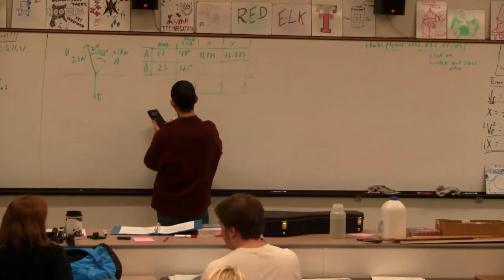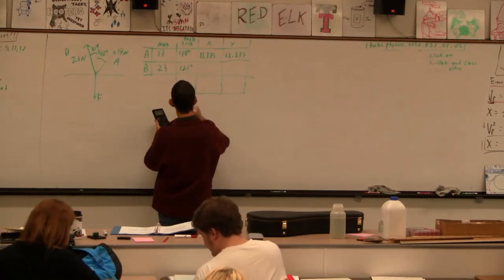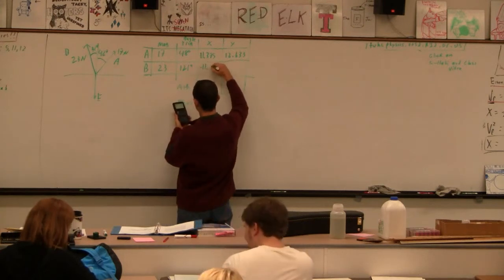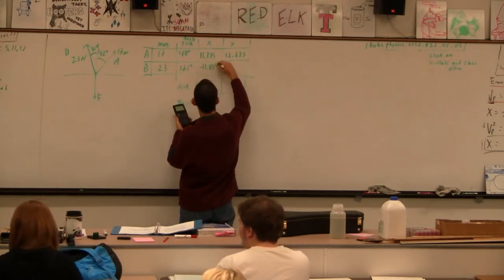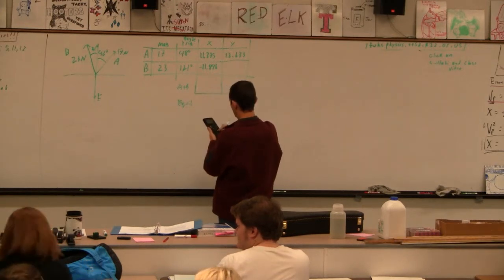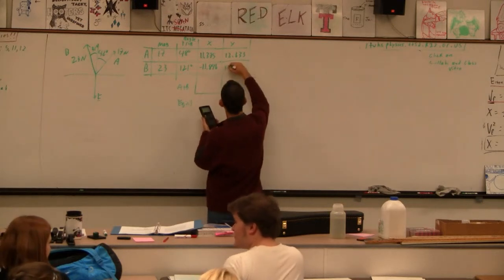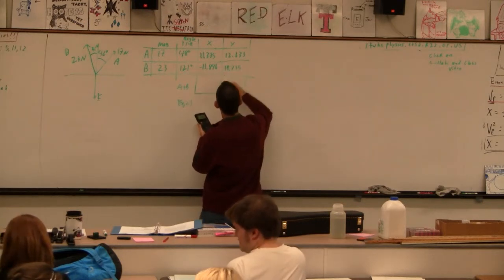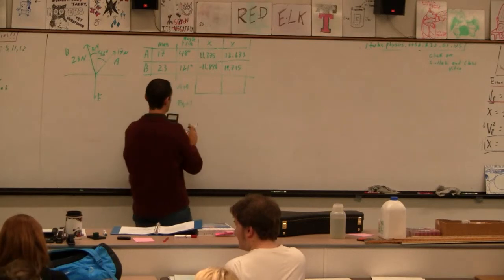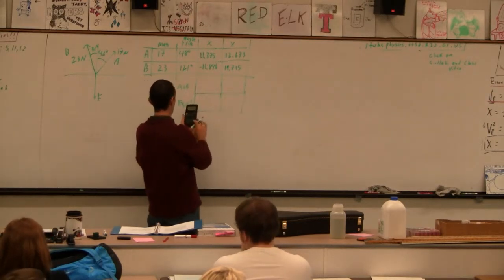Okay, and then 23 cos 121, so minus 11.846. And then 23 sine 121, 19.715. And I'm carrying extra digits so that when I add them all together, I won't be too far off.